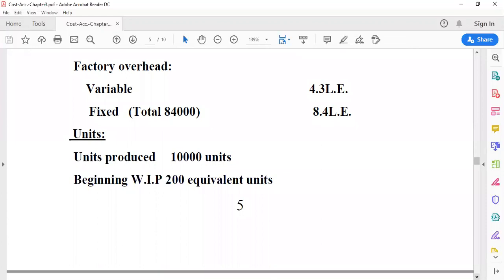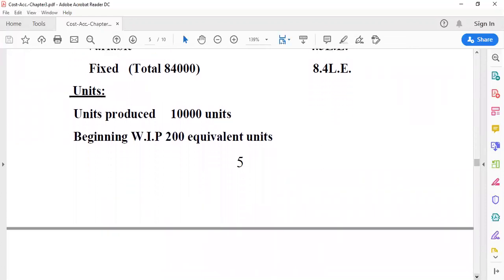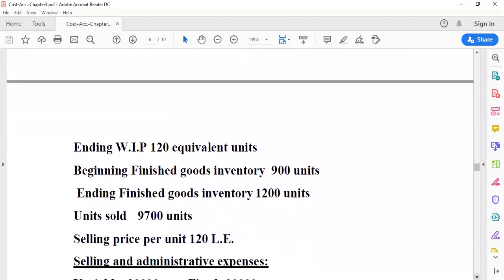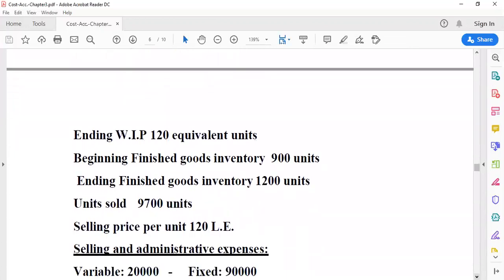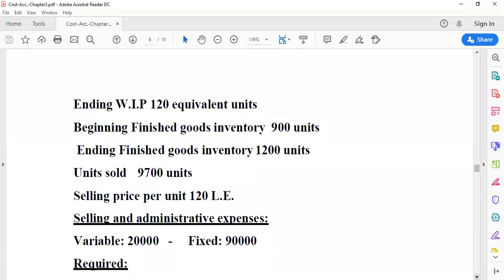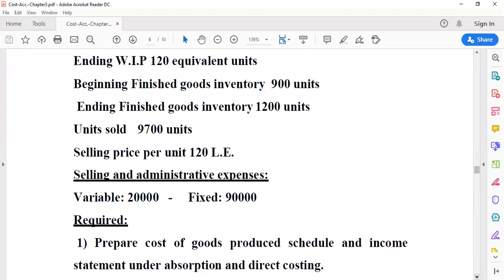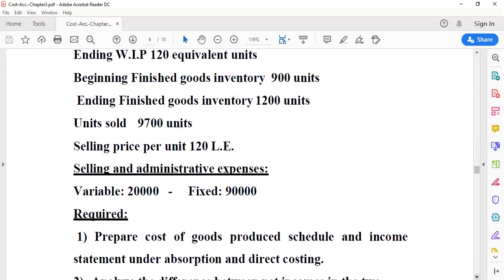Units produced 10,000 units, beginning work in process 2 equivalent units, and ending work in process 120 equivalent units, beginning finished goods inventory 900 units, ending finished goods 1,200 units, sold 9,700 units. Selling price per unit was 120.